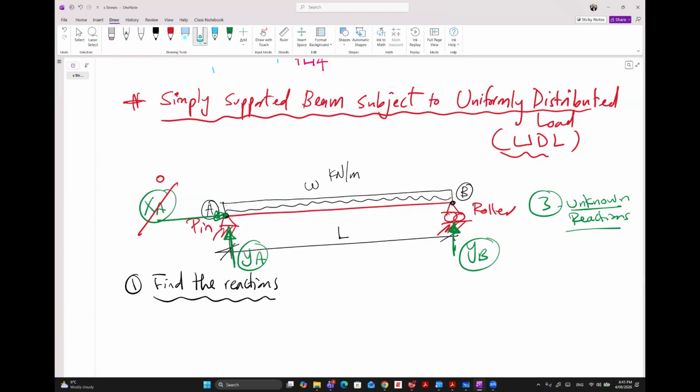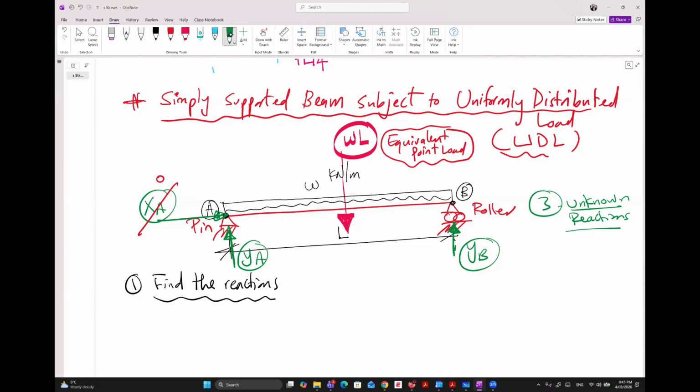The total load will be W times L. So we will just consider that we have a WL equivalent load.